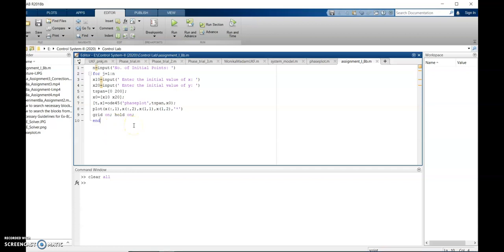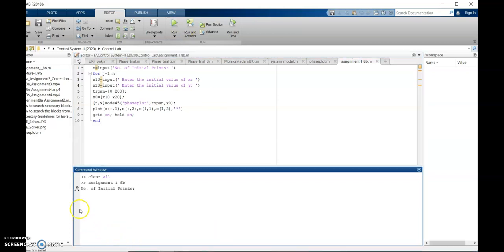Now I wanted to execute this and show you what will happen if I execute this script. So let's start. If I give run, it is asking how many initial points you have. If you remember, for this assignment 1, the question has been asked for 4 sets of initial points.